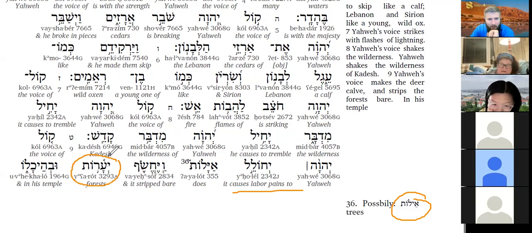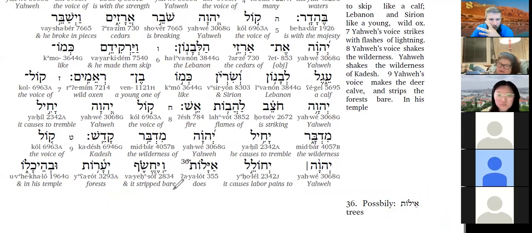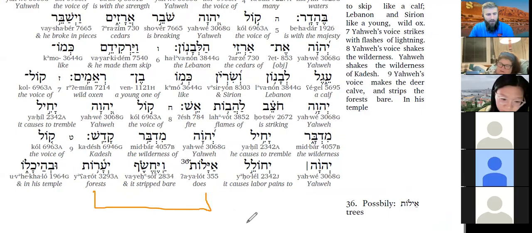Which fits a lot better with yarot if those two are parallel. How do you spell the oak tree? It's the same consonants but with a tsere. It's here on the bottom right corner of the screen. Elot. Oh right, yes, I see now. So anyway, it makes more sense in parallelism, so it's a possibility.